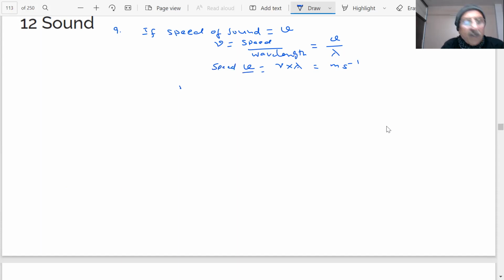Speed is equal to frequency into wavelength. We use this formula for many numericals and questions.